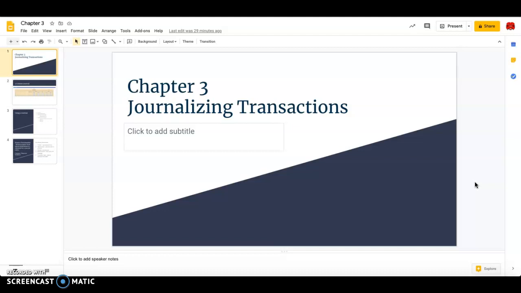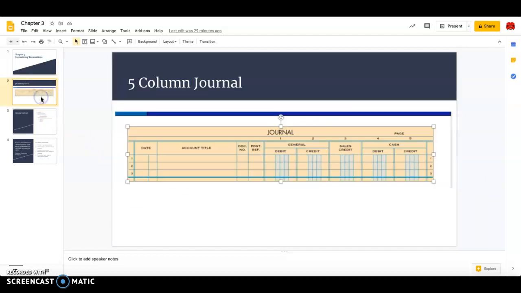The way we're going to do that is by what's called journalizing transactions. We're going to use what's called a 5-column journal, and we're going to take information from a source document, which I'll show you in a minute, and put it into this journal.